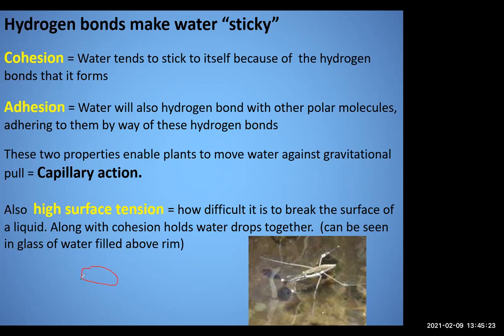Capillary action, if I was to, this is supposed to be a cup. So that's a cup of water. If I fill my glass of water and I put a straw in here, pretend that's straight, the water will stick to the sides of the straw, and it will go up the straw.